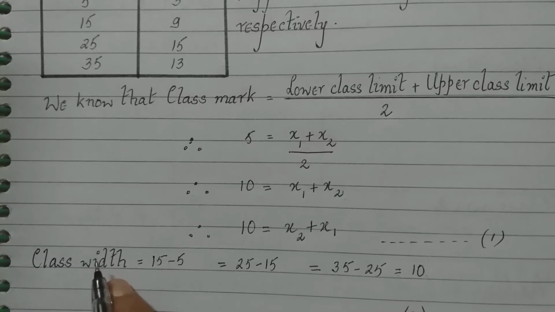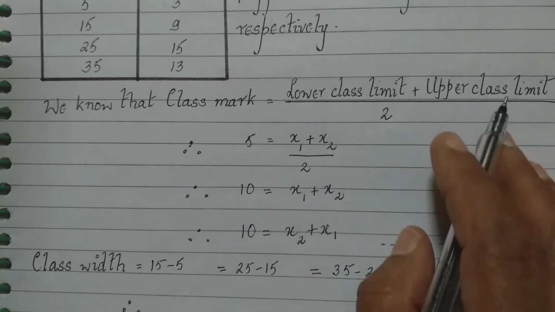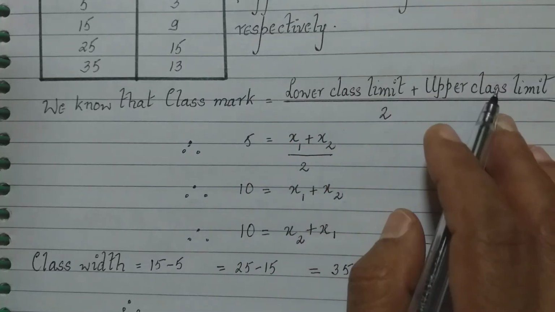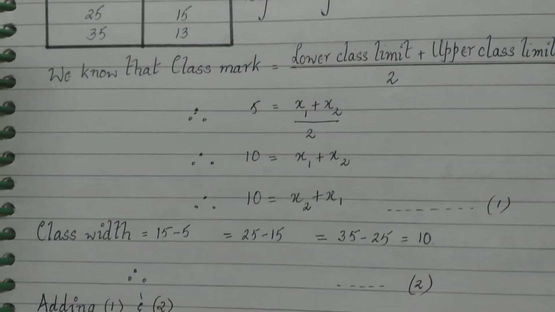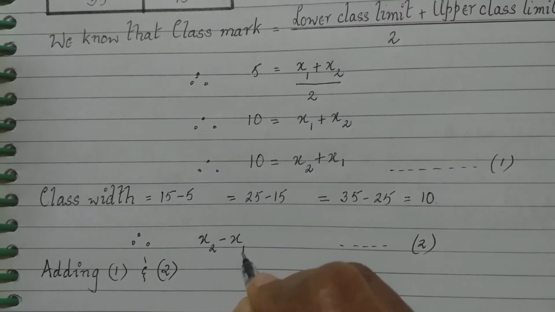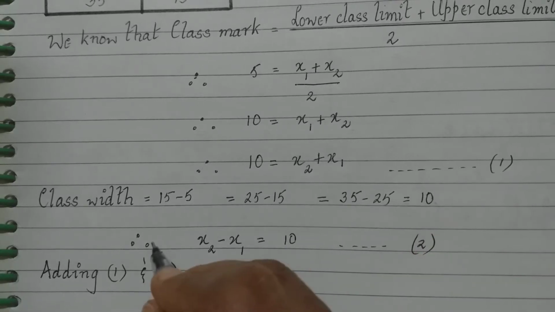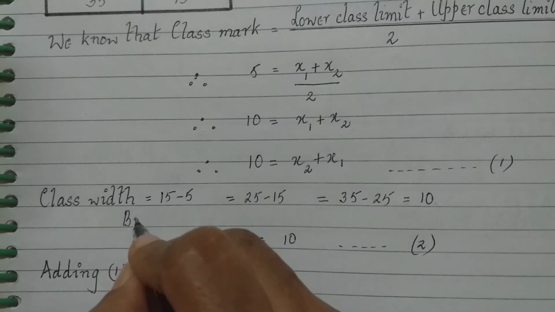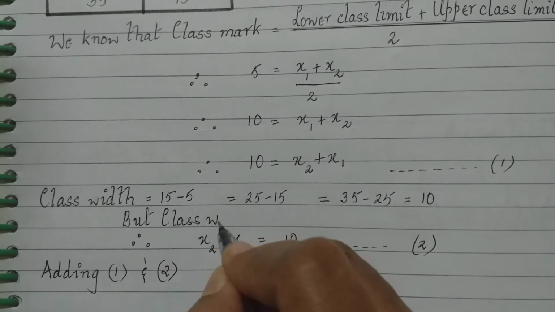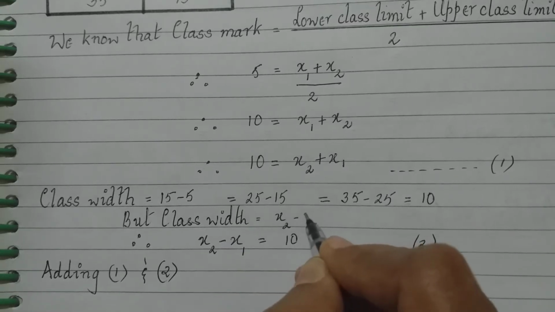Now how do we find the class width? The class width is the difference between the upper class limit and the lower class limit. Upper class limit we have taken as x2, lower class limit as x1. So class width is equal to x2 minus x1.